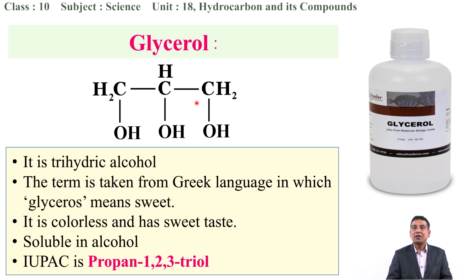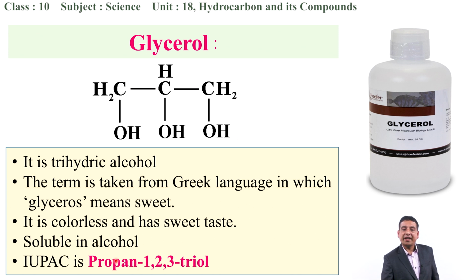Next one is the IUPAC name of this compound, that is glycerol, is prop. What does this represent? It consists of 3 carbon atoms, so prop is used, as well as an is used to represent the carbon atoms are bonded with the single bond. There is single bond as well as single bond.